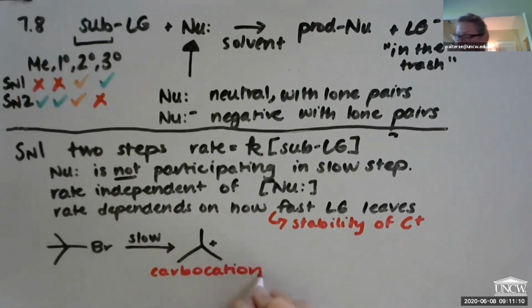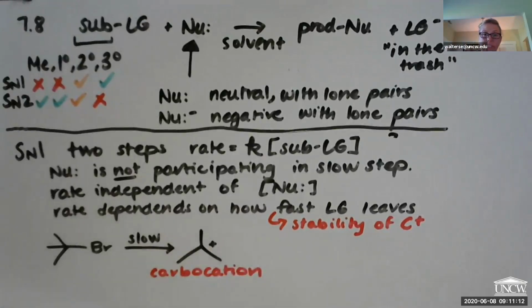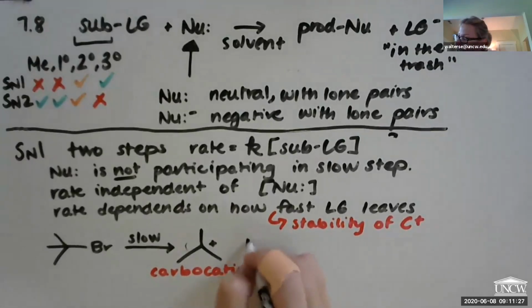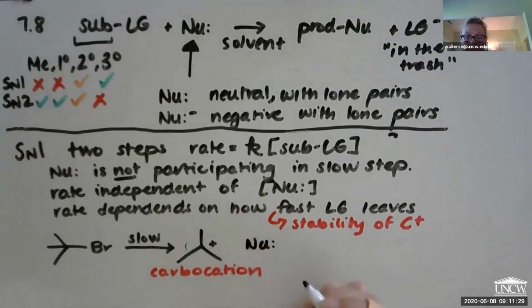A fully positive carbocation is more electron deficient than the partially positive carbon required in the SN2 reaction. So this is very electron deficient and needs electrons very, very badly. So your nucleophile requirement is simply that you have a lone pair of electrons.